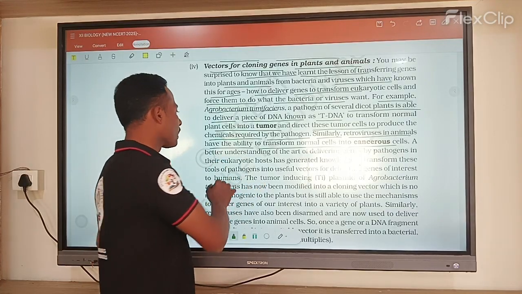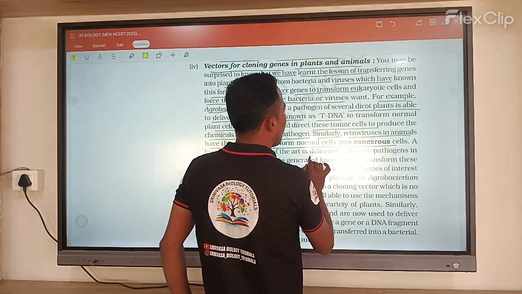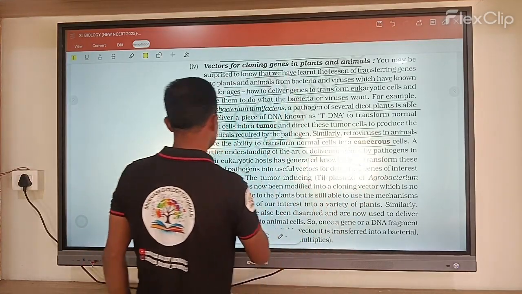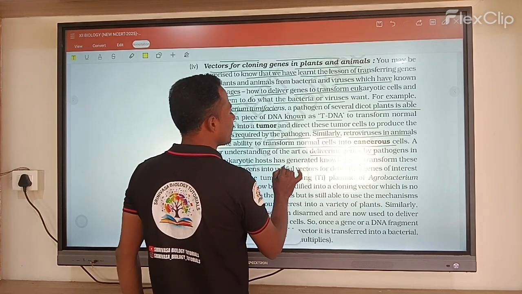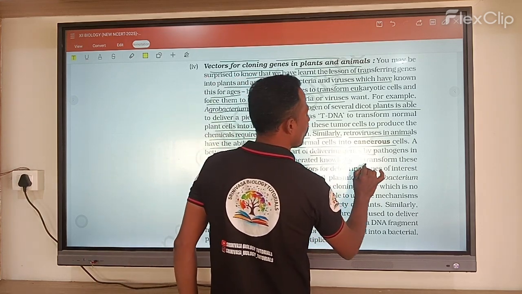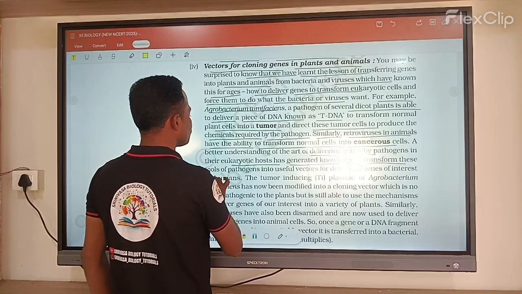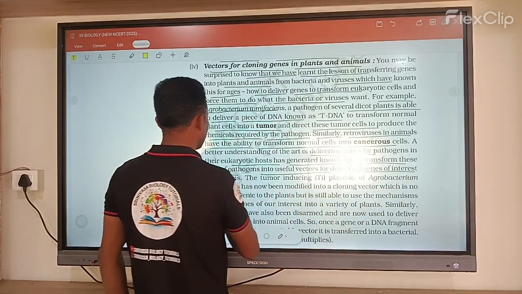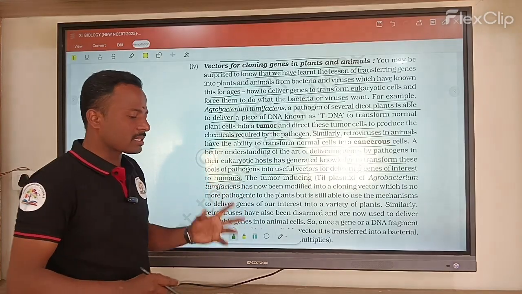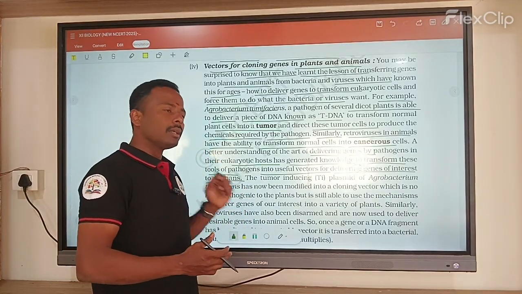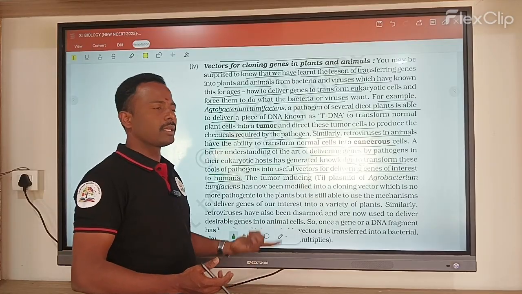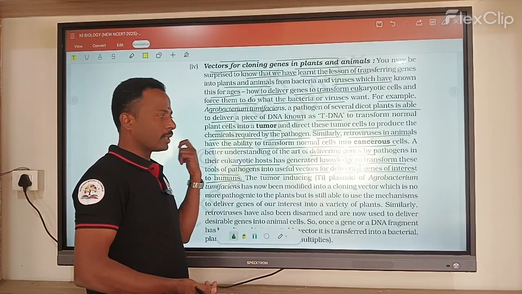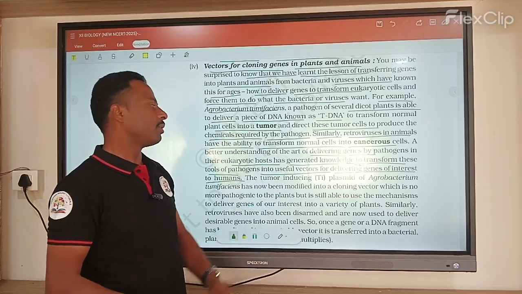A better understanding of how pathogens deliver genes to their eukaryotic hosts generated the knowledge to turn these tools of the pathogen into useful vectors for delivering genes of interest into humans. Nowadays these are introduced directly into human cells to help control the number of pathogens.